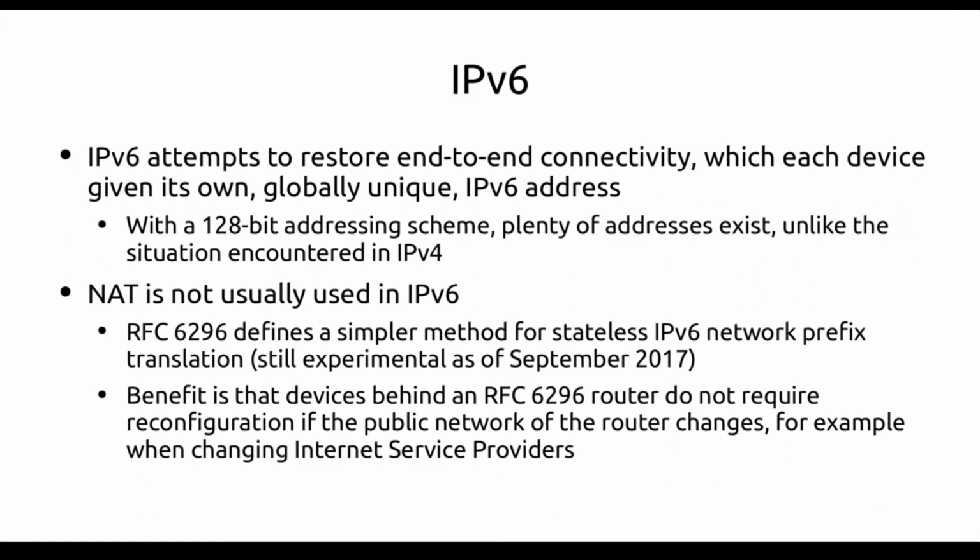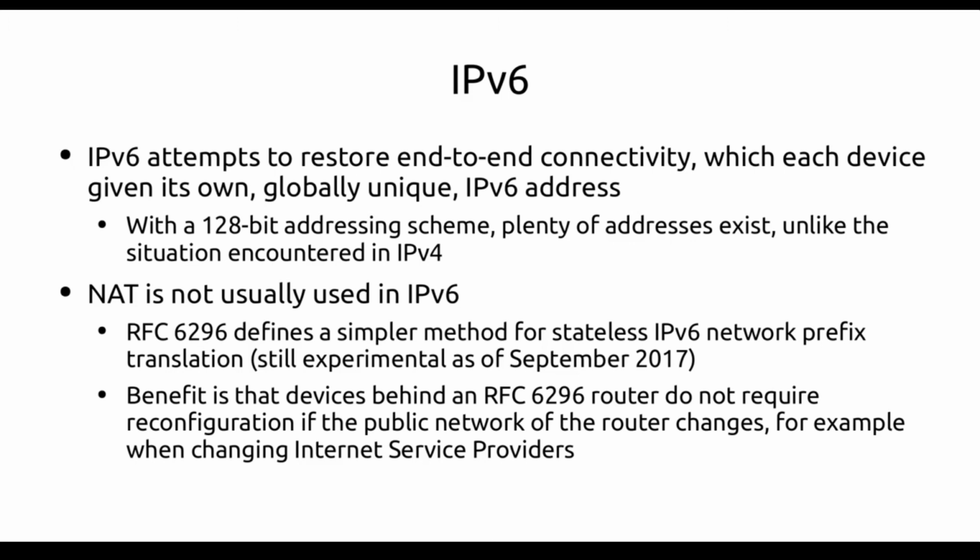The benefit to this particular protocol is that a device behind an RFC 6296 router doesn't have to be reconfigured if the public network of the router changes. So in IPv6, the first 64 bits of the address are the address of the network, and then the last 64 are typically used for the host.